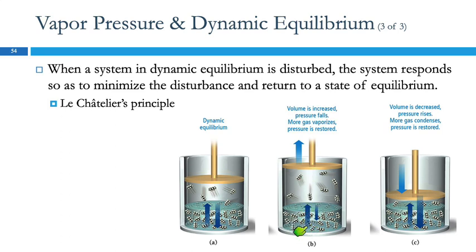Well, the rate of evaporation is still going on, and as that keeps evaporating, we'll get more and more gas here until we reach that equilibrium again, and the pressure here is going to be the same as there because it makes up for it. If we decrease the volume, increasing the pressure, now we increase the rate of condensation, and again, they're going to go to where they are equal to each other. So the vapor pressure will be constant at a given temperature.